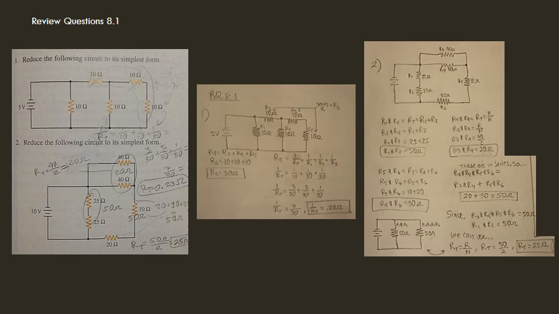However, remember that we must get the reciprocal of that. And the reciprocal of that is 4.34 ohms. So in reality, we get 4.34 ohms of resistance.